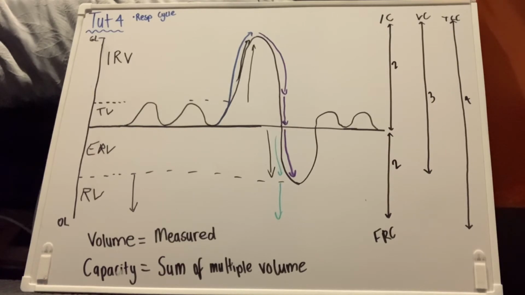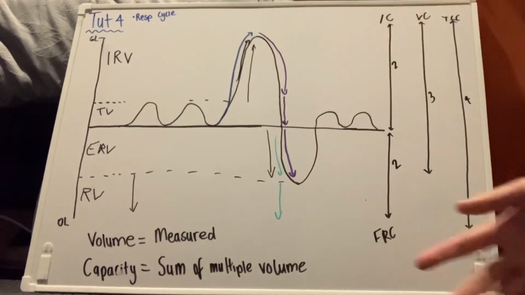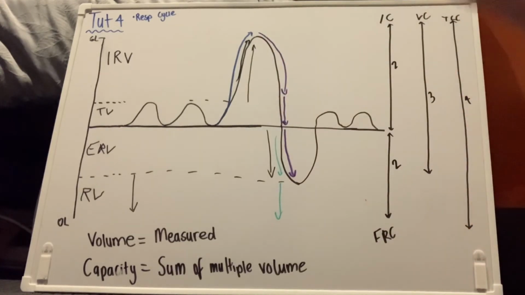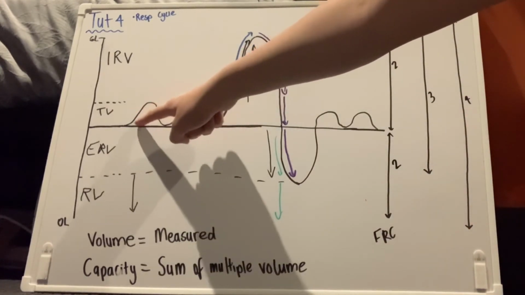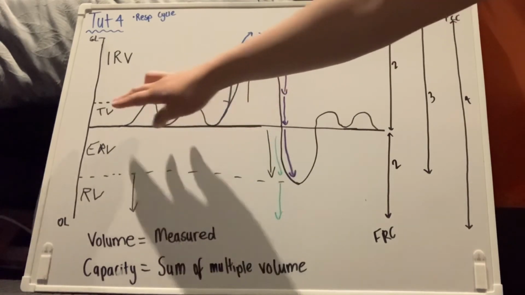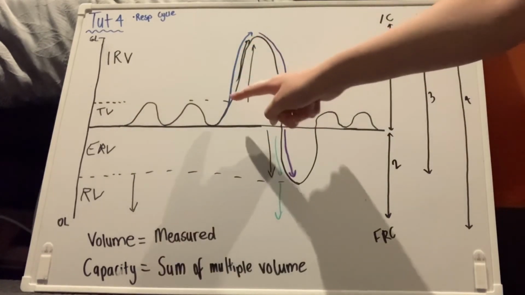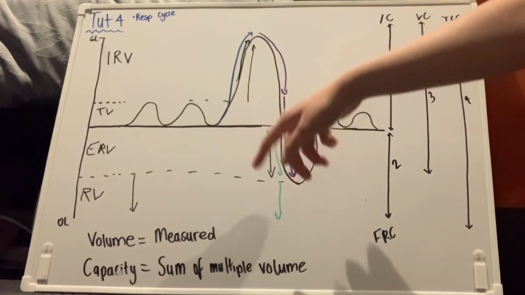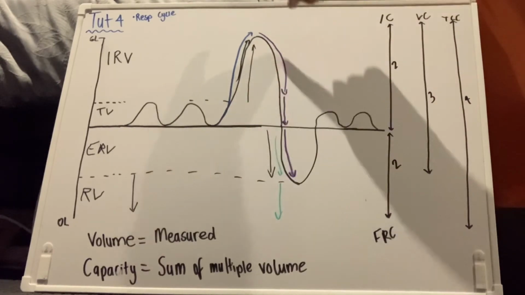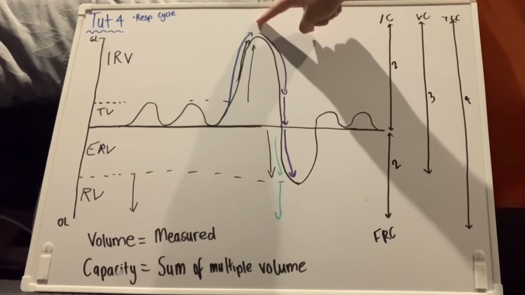Now we'll do a quick recap of the respiratory cycle. When you're breathing in and out normally, that's tidal volume, this here, up and down normally. Now if you were to breathe in normally, and then you breathe in even more, all the way up, that's your inspiratory reserve volume.